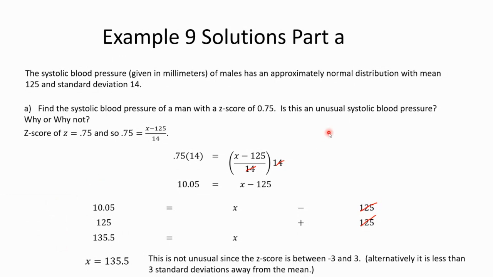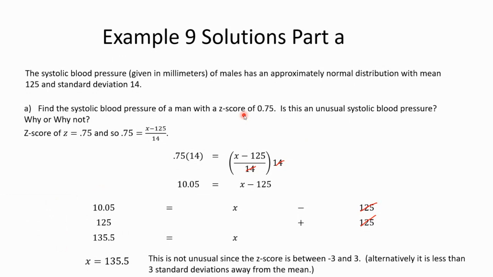Now, is this unusual or not? Well, remember, for a data value to be unusual, its z-value has to be greater than 3 or less than -3. The z-value must be bigger than 3 or smaller, that is more negative than -3. That doesn't happen here.